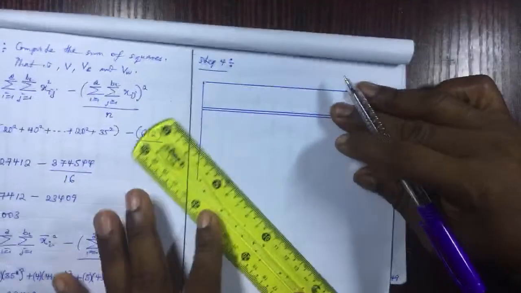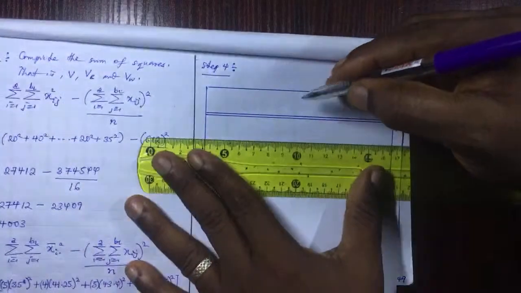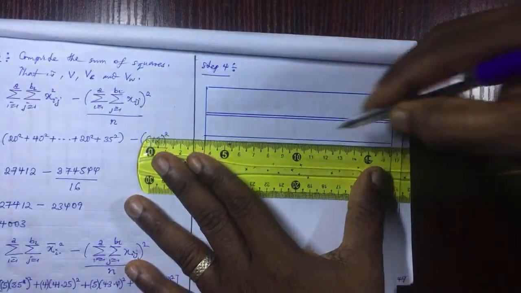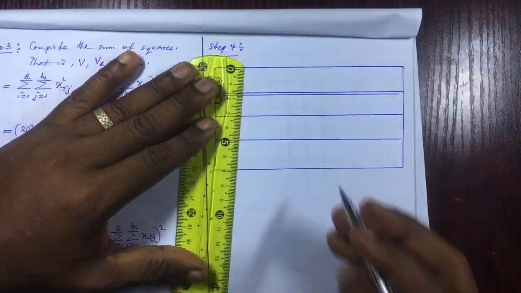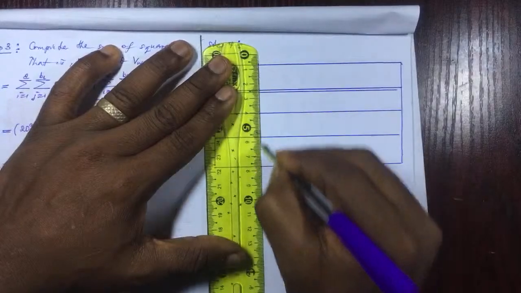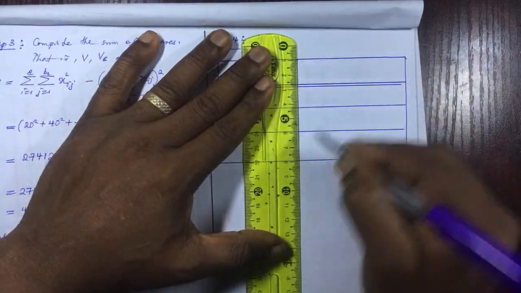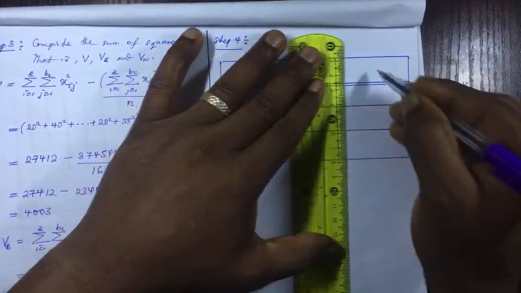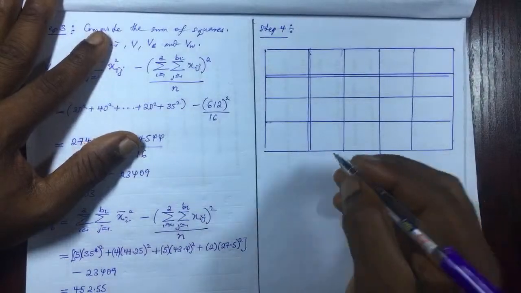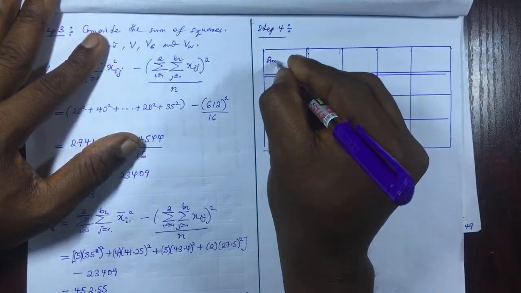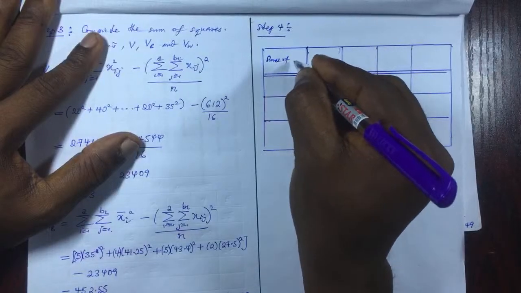So I'm going to do this quickly. 1, 2, and 3 rows, and I'm going to come over here and put 1. I need 5 of them: 2, 3, 4, and 5. So those are 5 columns. The first header will be source of variation.